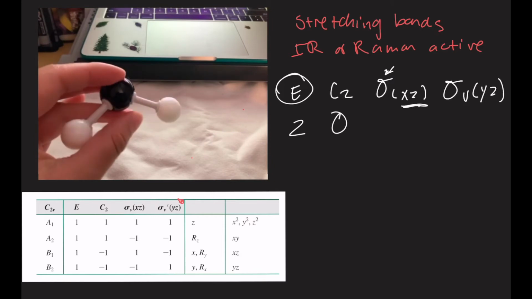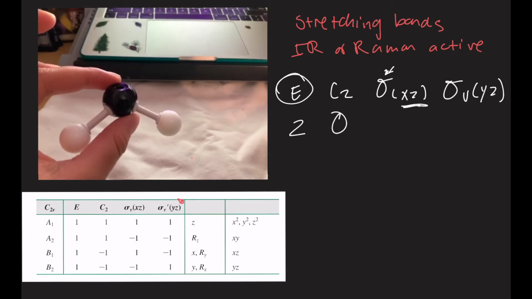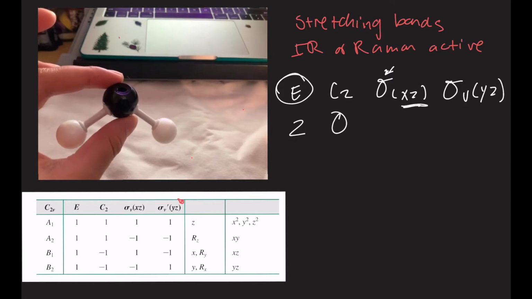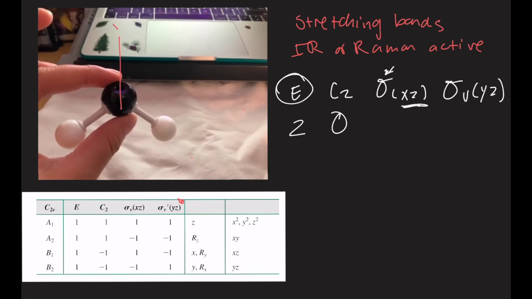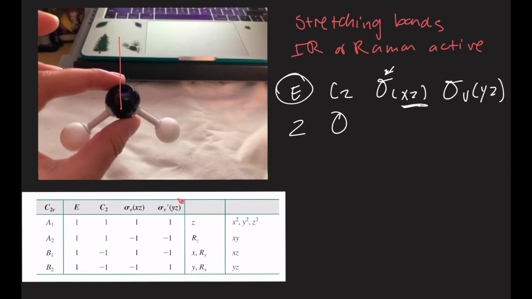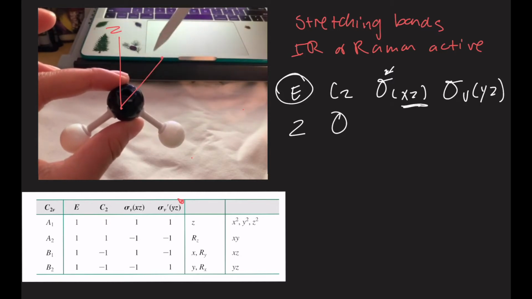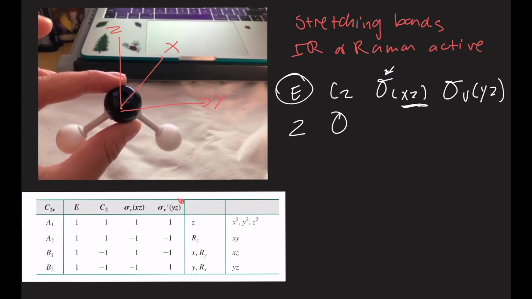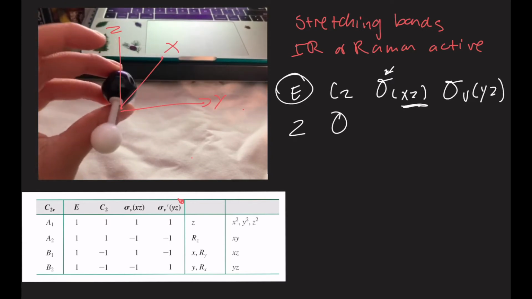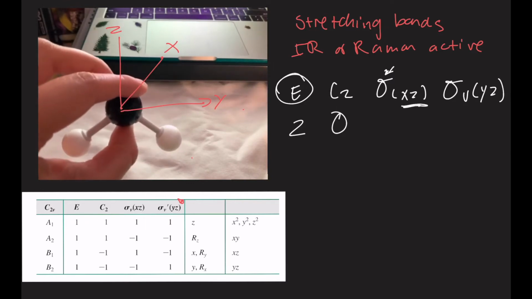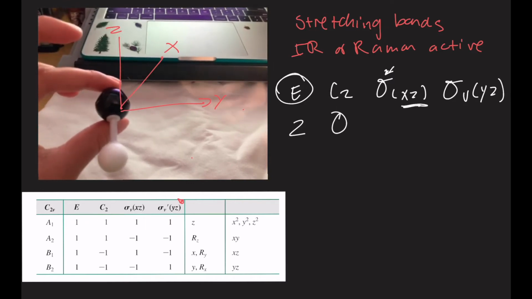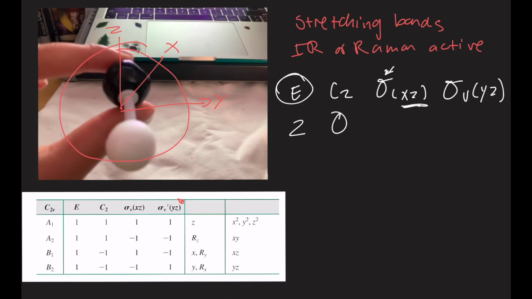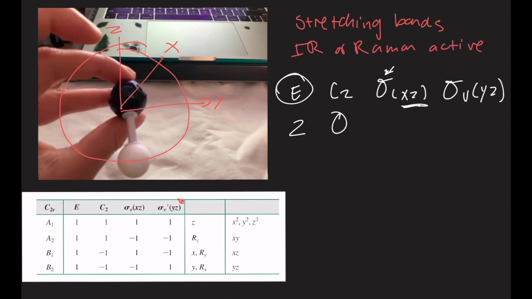This one right here is through X and C. This over here, which goes sort of back, is our X, and this one right here is our Y. Picture a circle going through the molecule like that. That's our mirror plane.